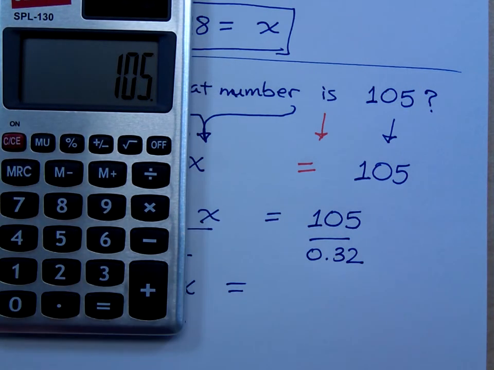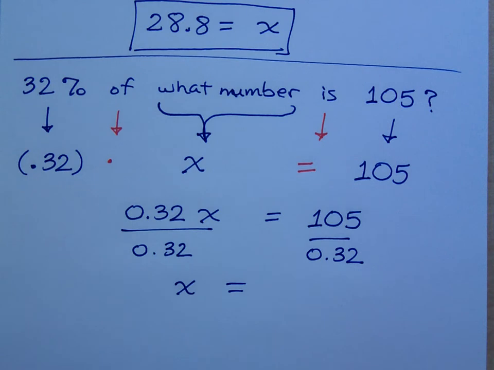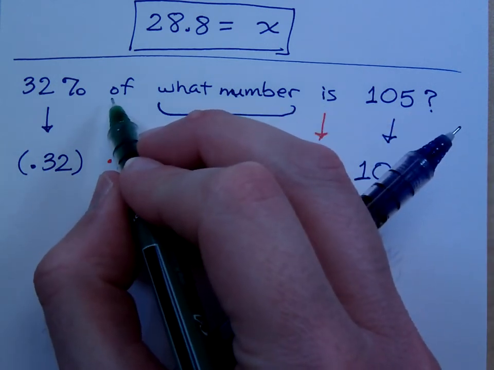Now before I get an answer here, should my answer be more or less than 105? Let's see. What usually follows the word of, the part or the whole?